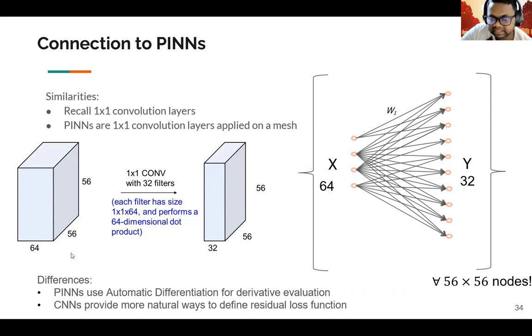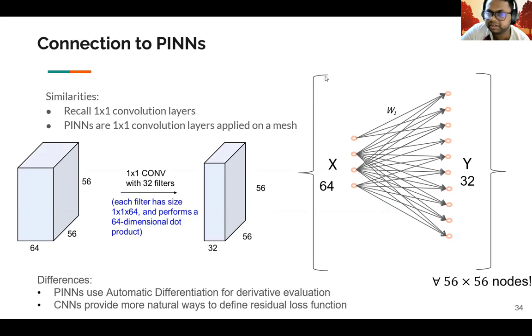Now, while this is a similarity, the difference here is that PINNs use automatic differentiation to compute the derivative with respect to U. So you have a U, and from that U, when you want to compute the derivative with respect to your input X, you use automatic differentiation.